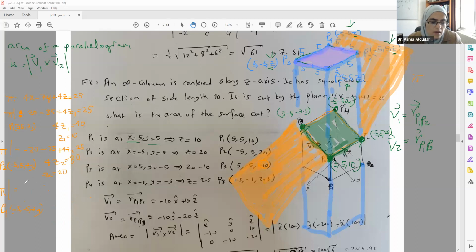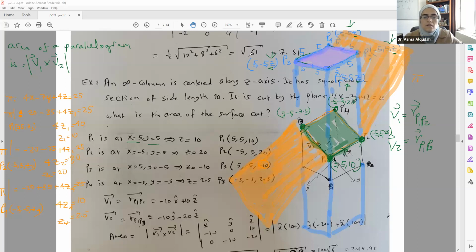So it's going to be minus 20 plus 35 plus 4Z4 equals 25. So we have 15, and 25 minus 15 is 10. So 4Z4 is equal to 10, so Z4 is equal to 2.5. The last coordinate here, Z4, is equal to 2.5.